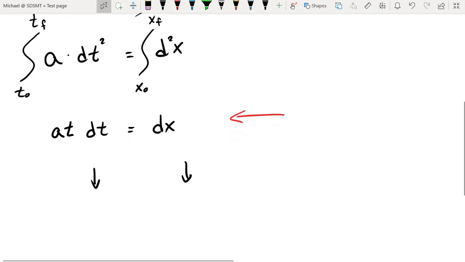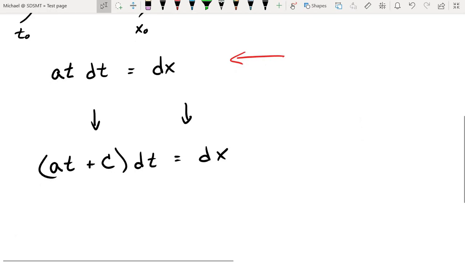So I'm going to go ahead and add that constant of integration to the side of the equation that is using the time variable. All right, so there's my constant incorporated into the expression.